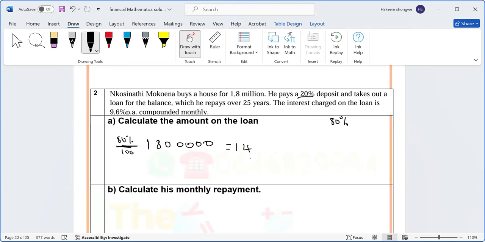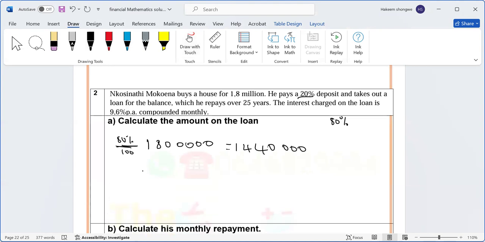So it's 1,440,000, like this. So it's 1.44 million. Okay, let's move on.